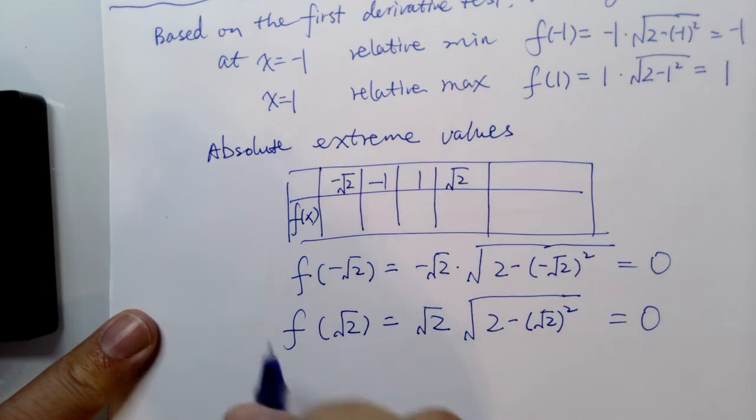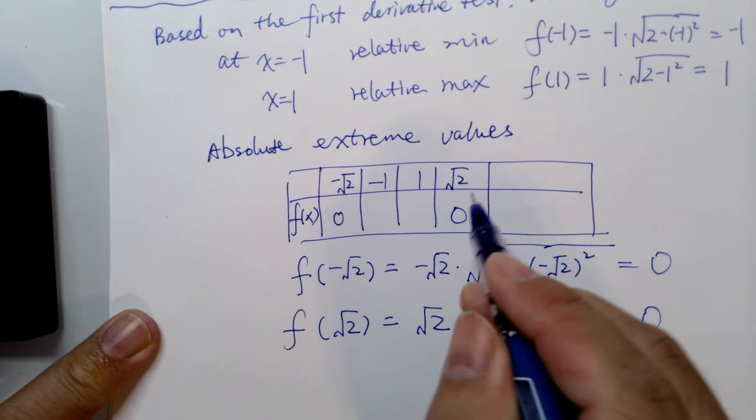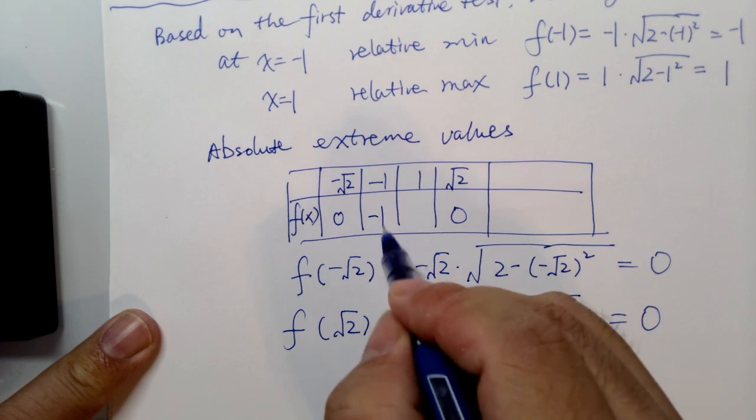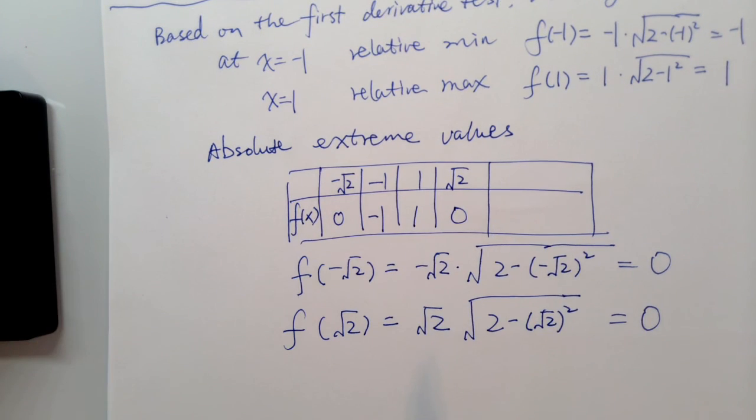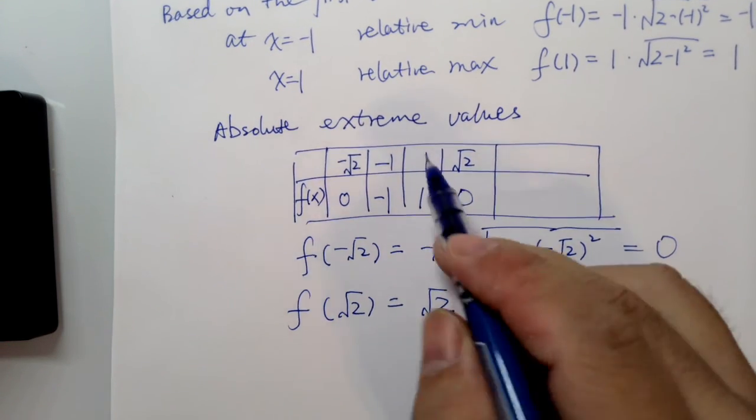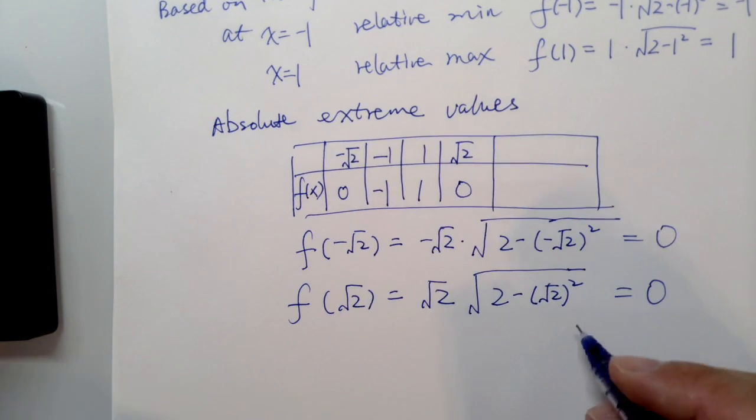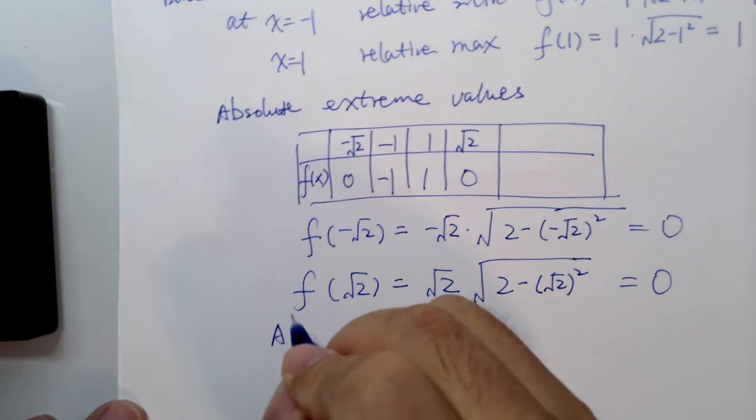So the corresponding values are 0, 0, negative 1, and positive 1.